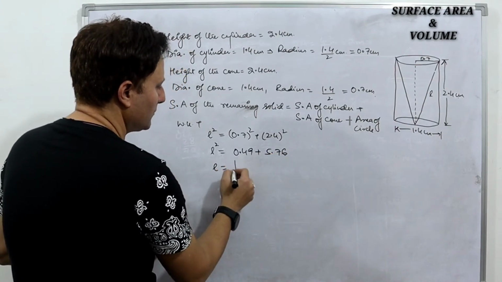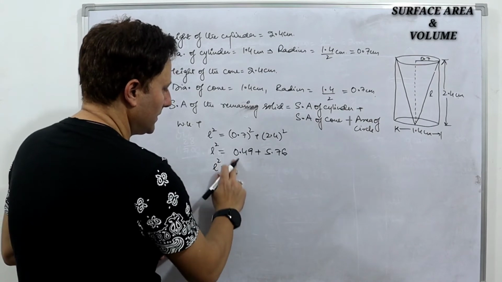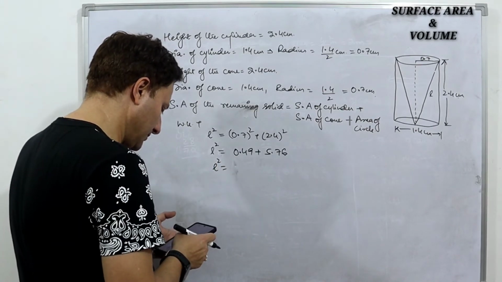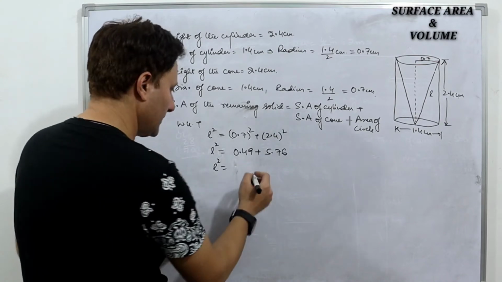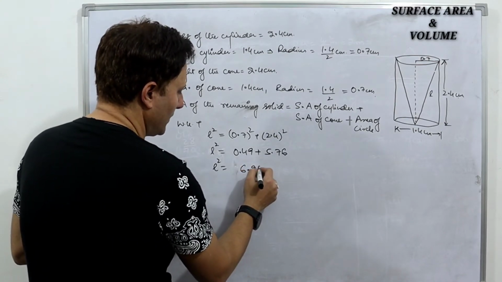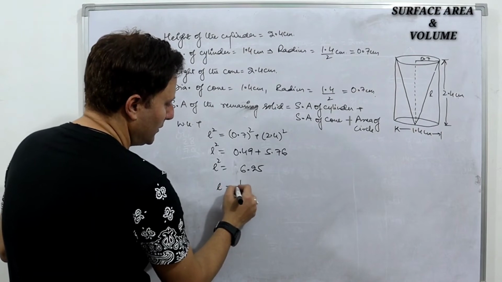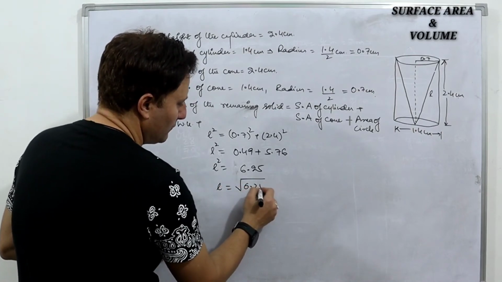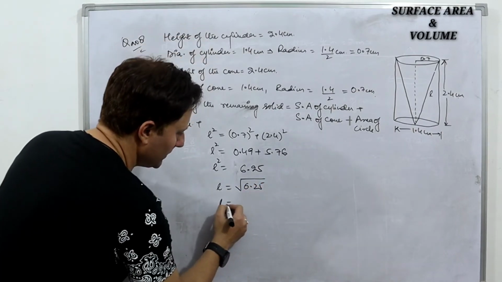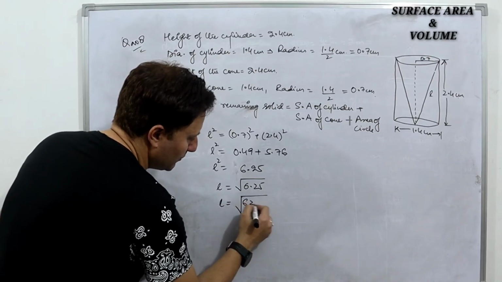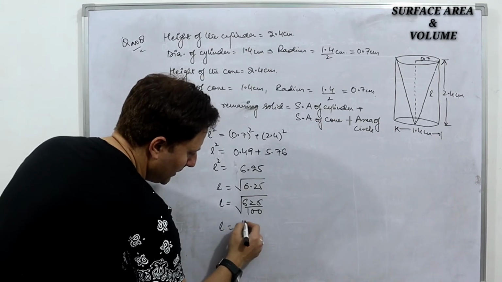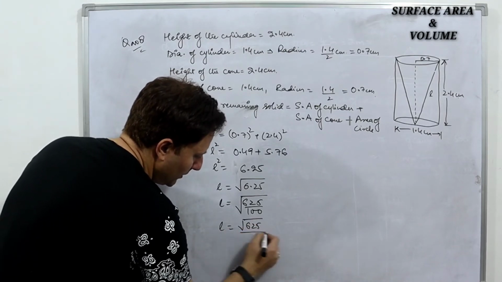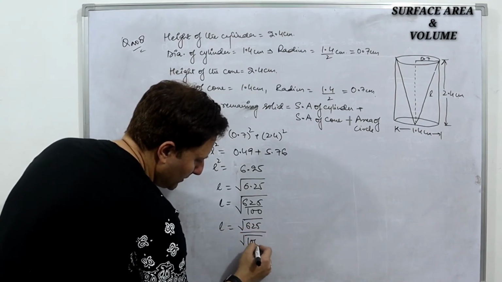L square is 5.76 plus 0.49, which is 6.25. L is under root 6.25, so L is under root 625 upon 100, then L is under root 625 upon under root 100.